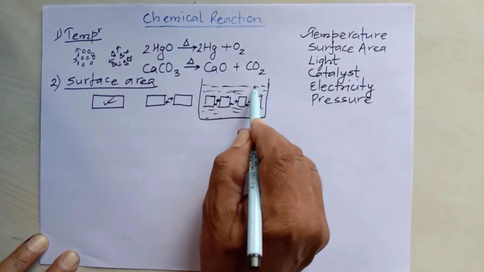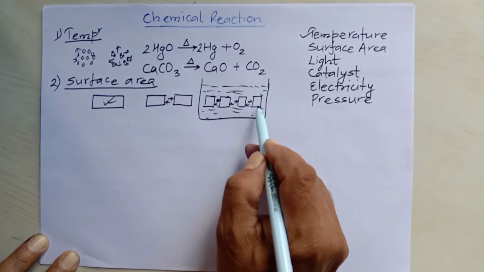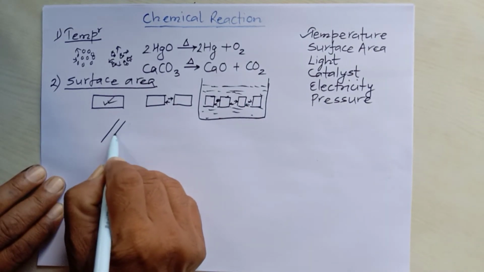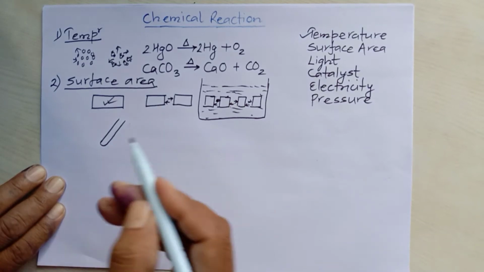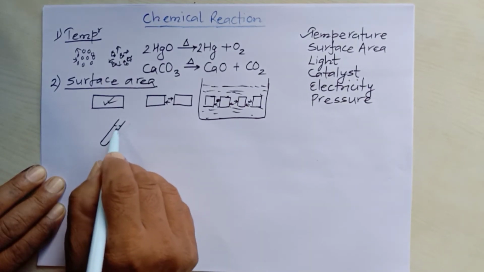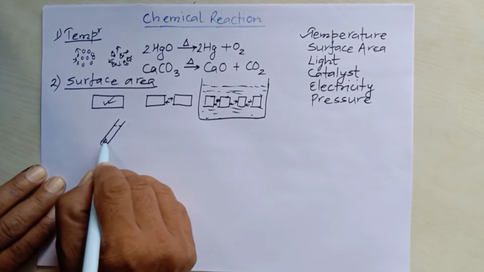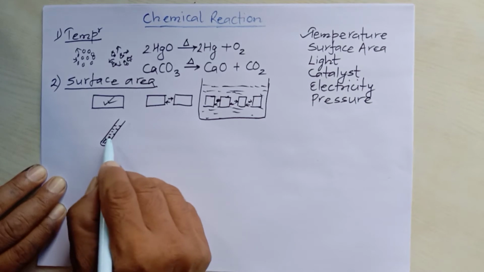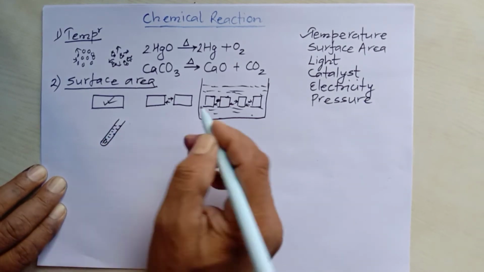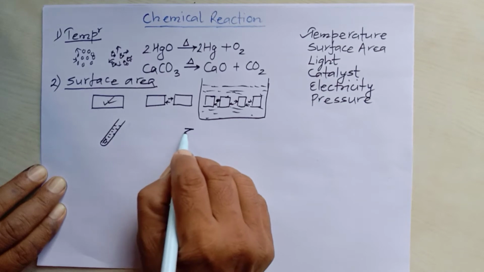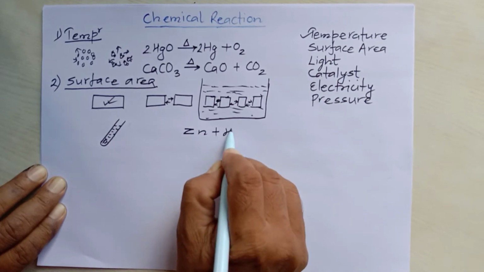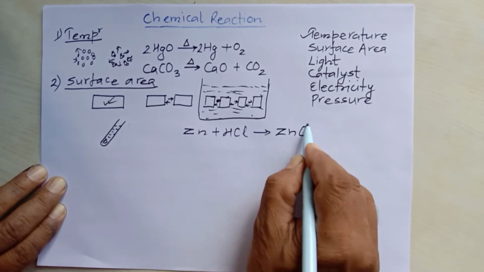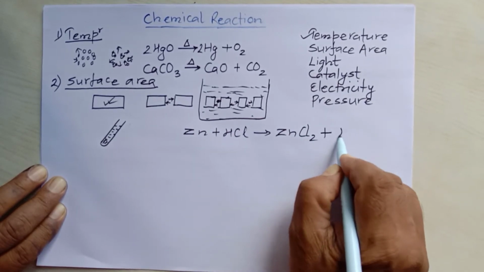This can be taken as an example, just for example, zinc pieces when powdered. Look at this. If we take a test tube and a piece of zinc is dropped into dilute hydrochloric acid, then zinc displaces hydrogen, zinc chloride forms and hydrogen gas becomes free.